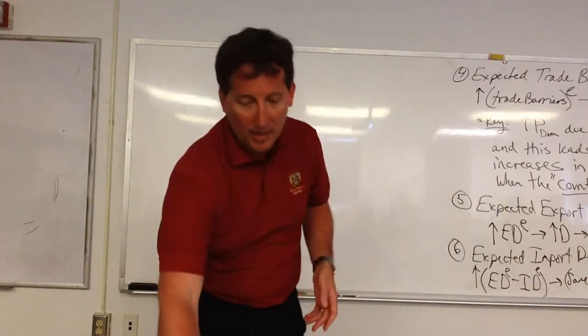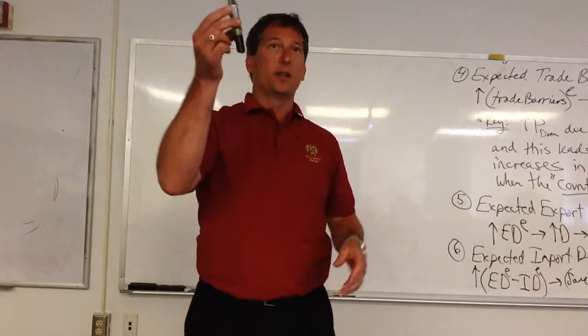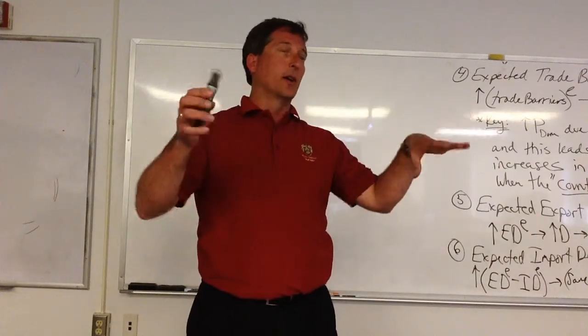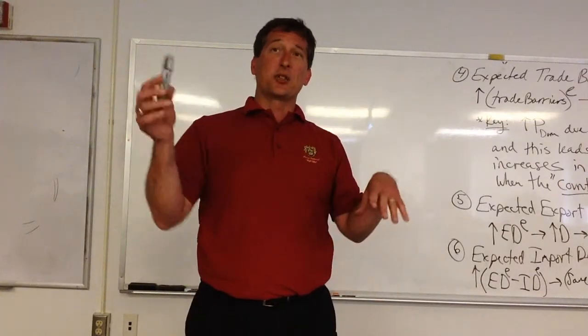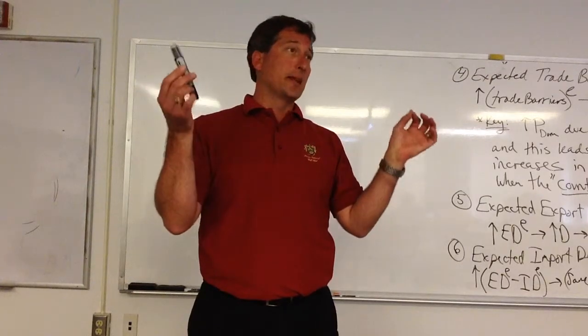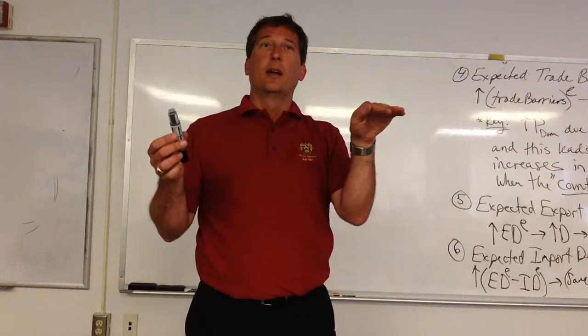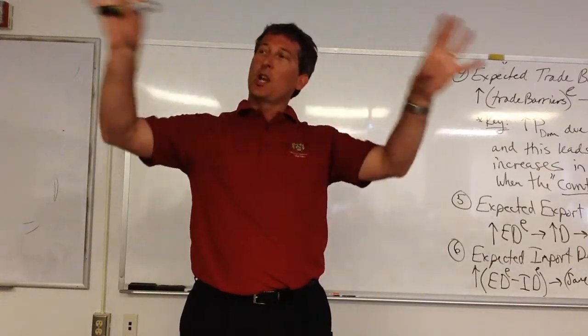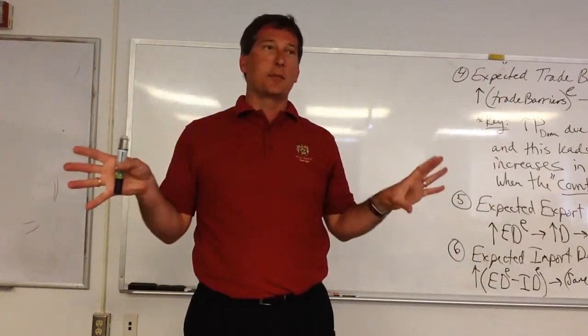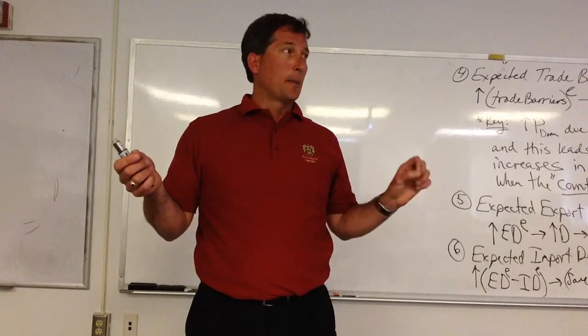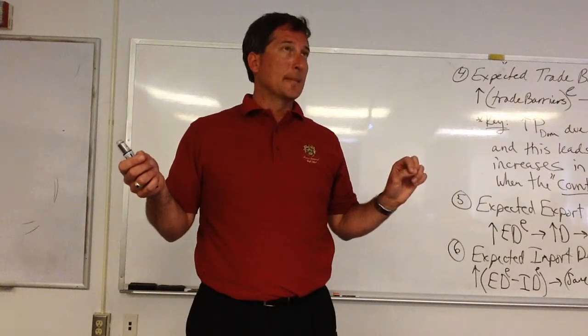If I have a thumb drive or a marker that's identical and there's zero transaction costs, we said that the exchange rate would adjust such that the marker would effectively be the same price whether you're in Australia or in the United States. That was the law of one price. Purchasing power parity generalizes that concept by... Where one good can get you the same thing in another country. Is that what you're talking about?